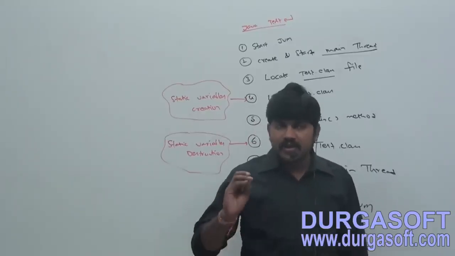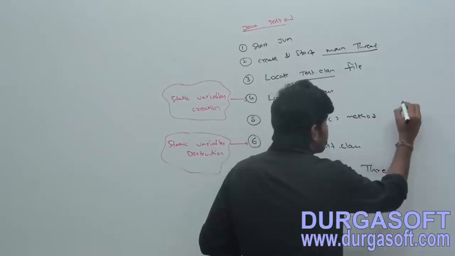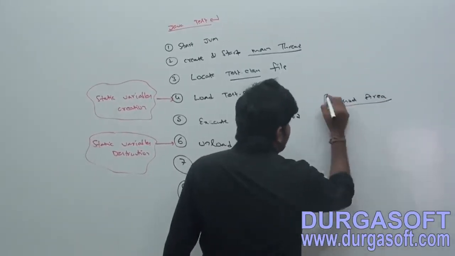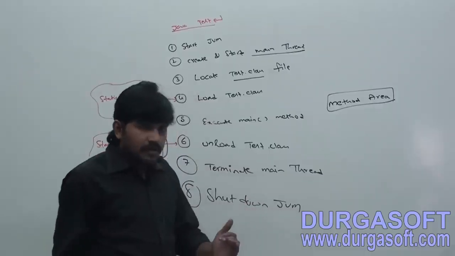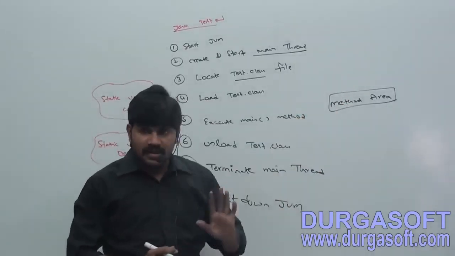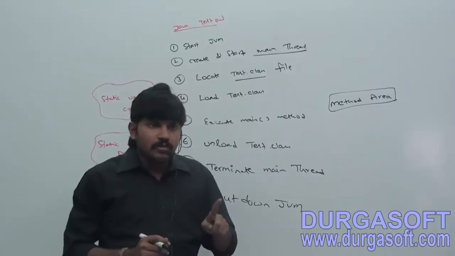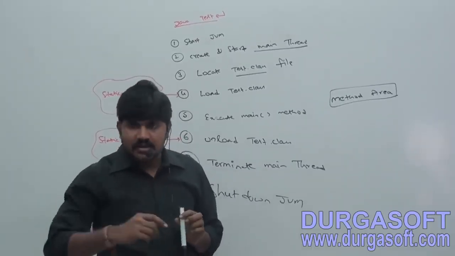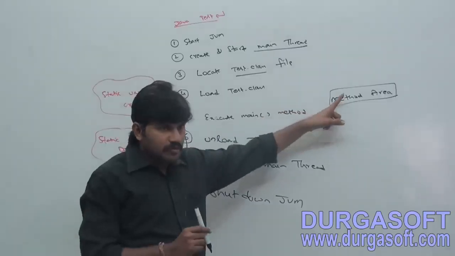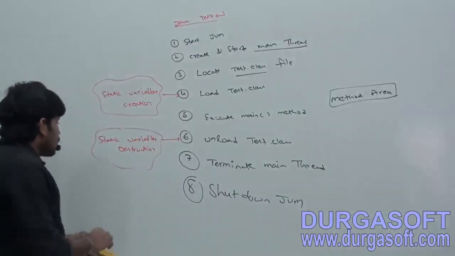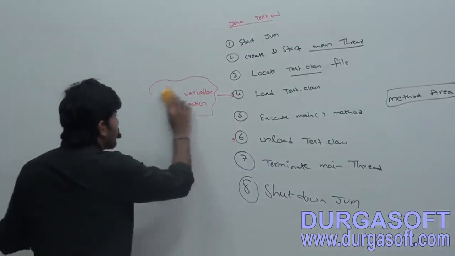Okay, static variables will be stored in the method area. Just like the heap, one more memory area is there, which is nothing but the method area. Local variables will be stored where? In the stack memory. Local variables are stack, but static variables will be stored in which memory area? Method area.